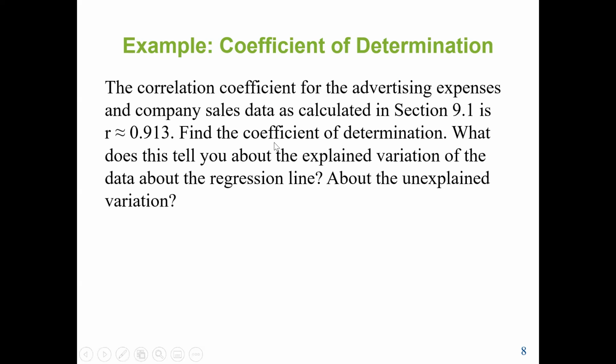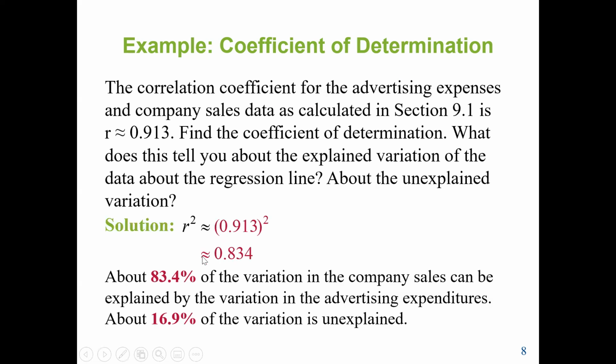So the question says we should find the coefficient of determination. What does this tell you about the explained variation of the data, about the regression line, and also about the unexplained variation? So let's see. Now we have R already.